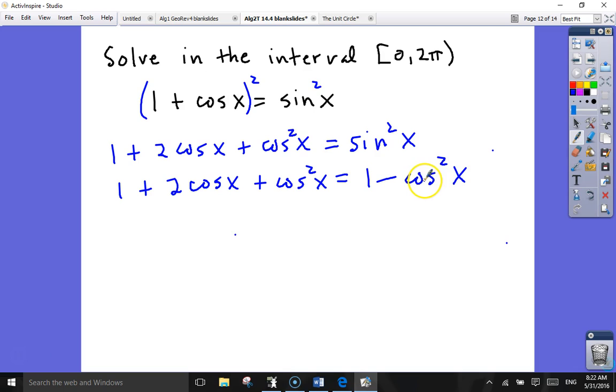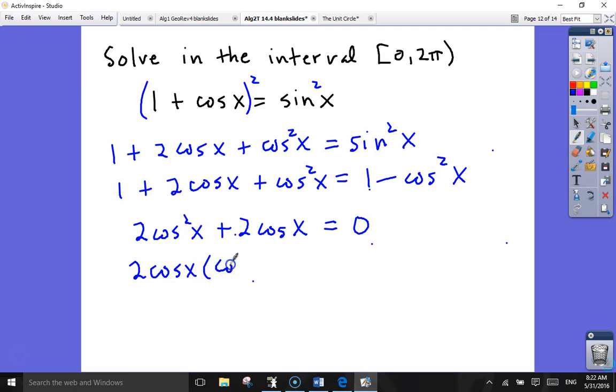If I add cosine squared x to both sides, I'm going to get 2 cosine squared x. I've already got a plus 2 cosine x. And if I subtract 1 from both sides, they cancel. So that's everything on one side, 0 on the other. Then what? Factor out 2 cosine x, the greatest common factor.